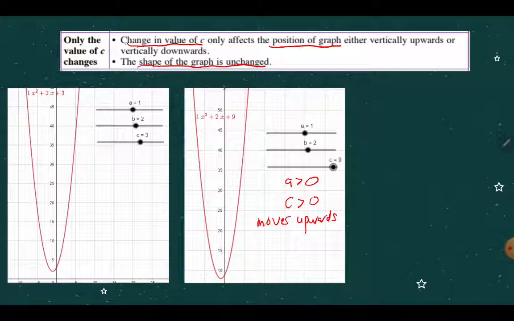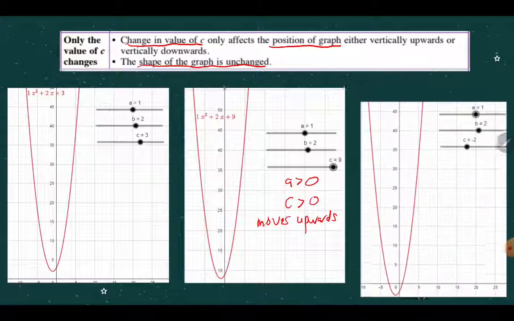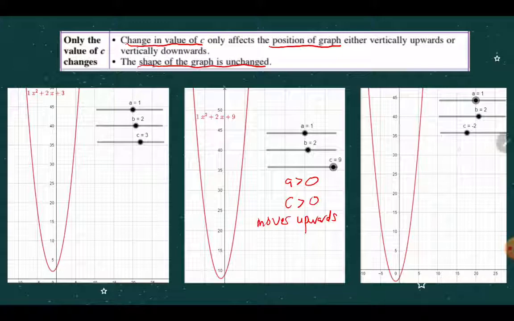How about when c is less than 0? So this is for a greater than 0, but c less than 0. So it moves downwards. I hope you can understand.